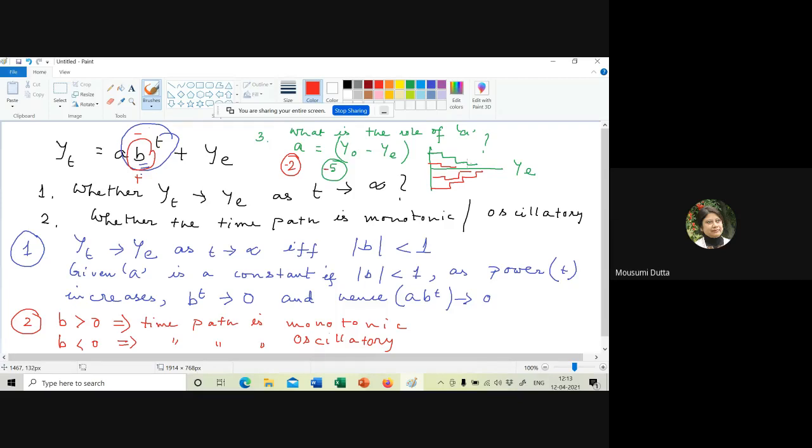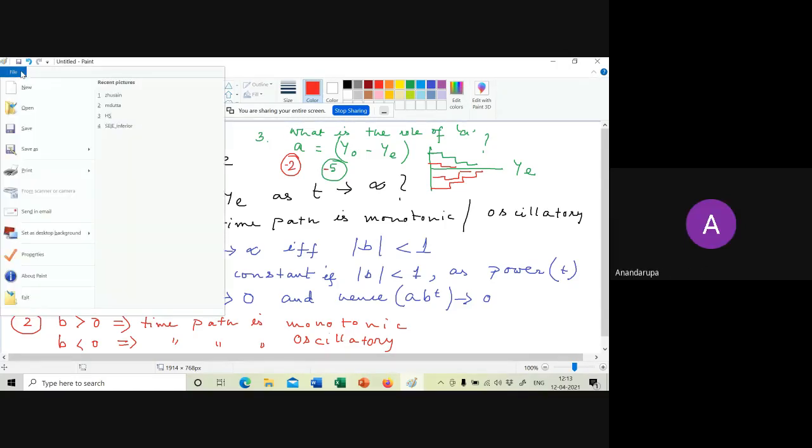Once you understand this general issue, it is applicable for any kind of application we will consider, be it a cobweb model, an inventory model, any kind of model. Is it clear to all of you? Yes, ma'am.